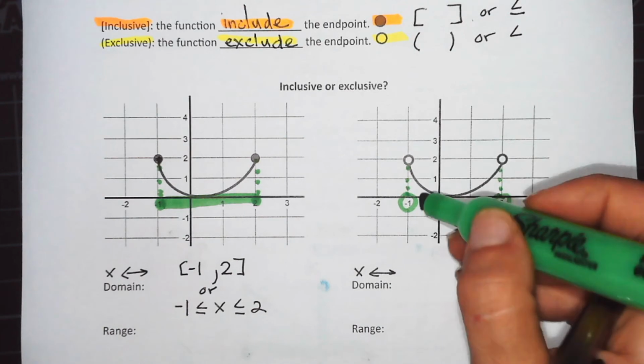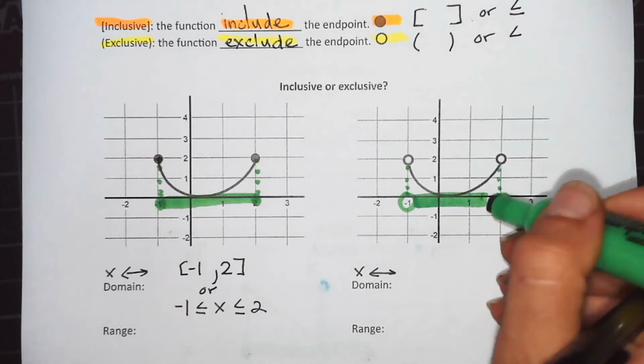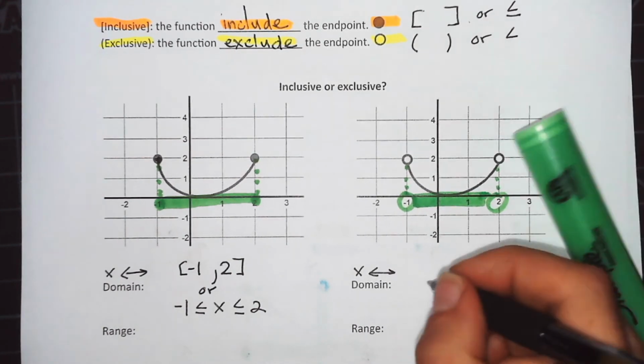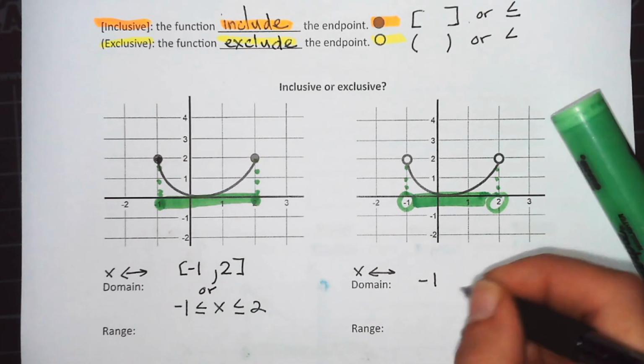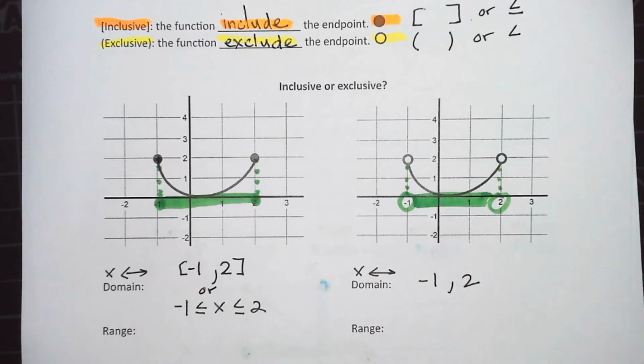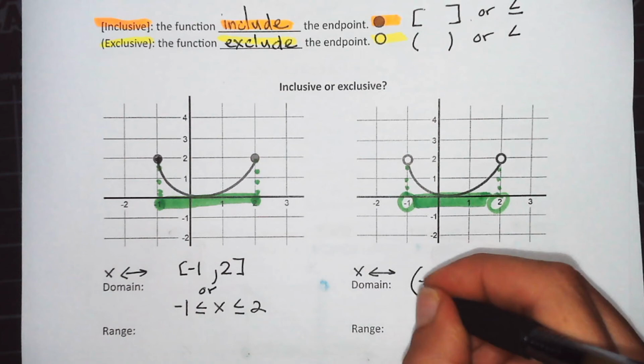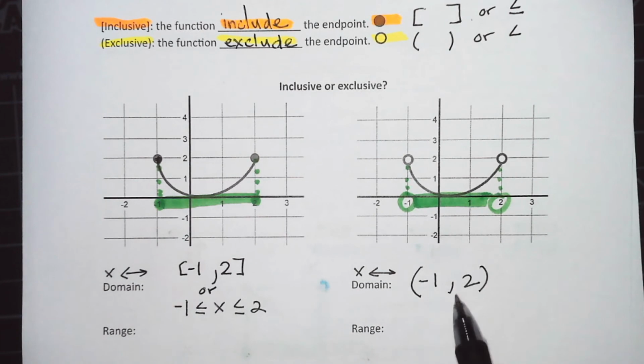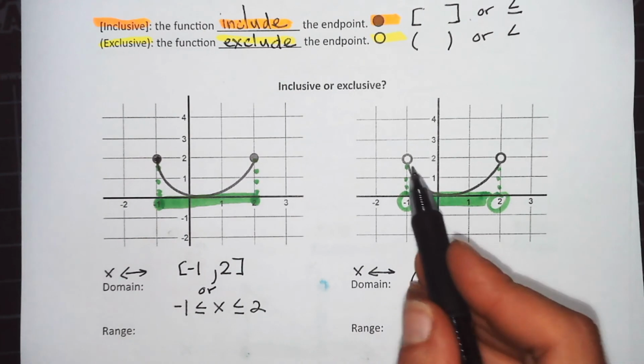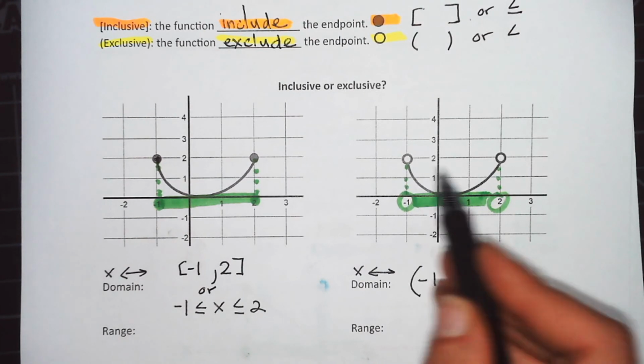It is still everything in between. So the way we show that is -1 to 2, right? Left to right, farthest to left is -1, farthest to right is 2. But we're going to use parentheses instead. And that shows here they're not actually including the farthest to the left point or the farthest to the right point.